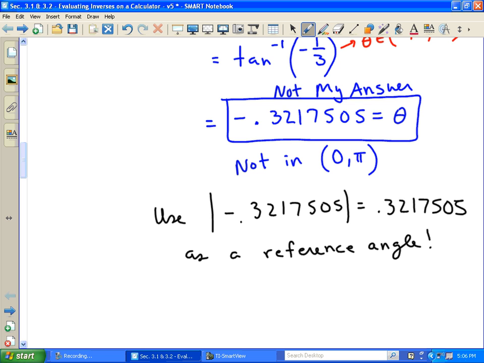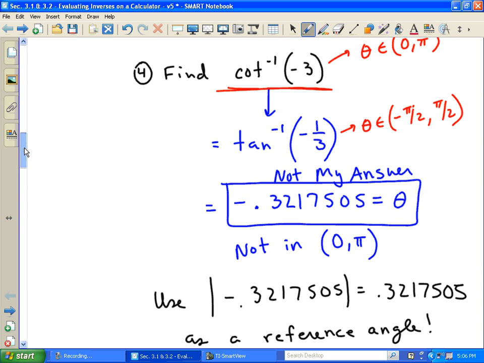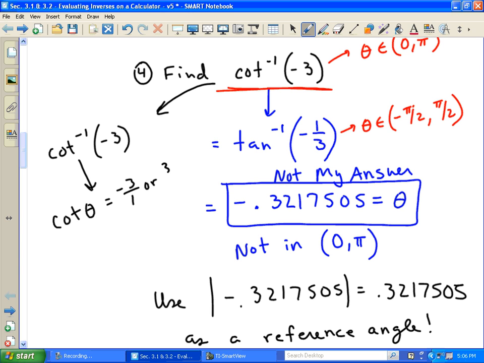Okay? And the idea is this. My original function was the cotangent inverse of -3. What that means is it means that the cotangent of some angle is equal to -3/1, or it could be 3/-1. Looking at the possible quadrants that the angle could be located, it being between 0 and pi, then I know that I actually need to be over in quadrant 2.